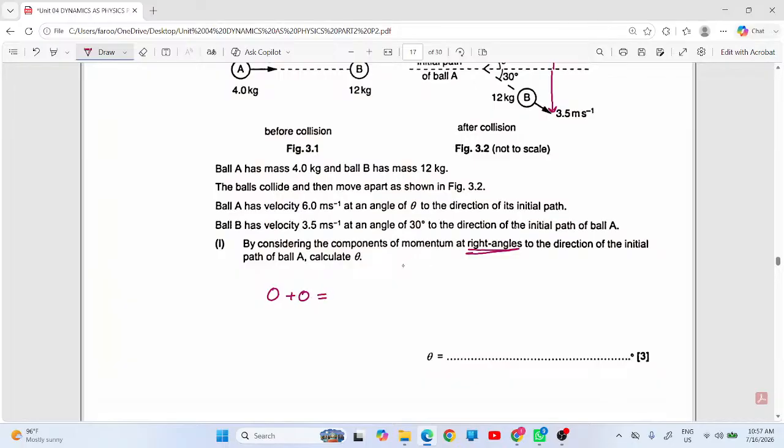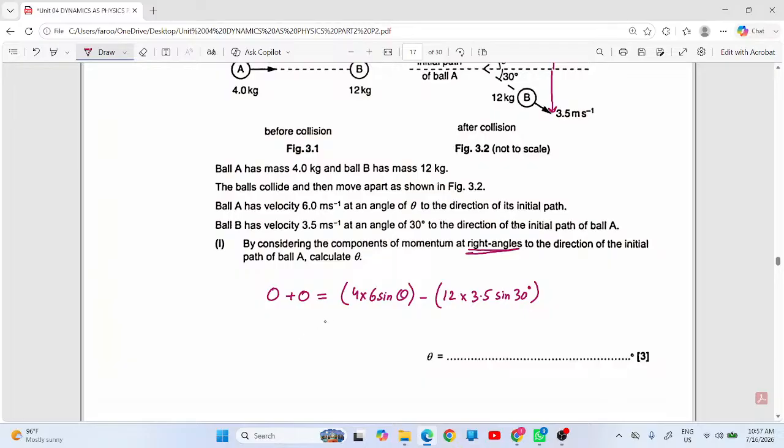After the collision, the y component of 4 is 4 multiply by 6 sin theta, minus, opposite direction. फिर यहाँ बीच में प्लस भी लगा दें. 12 multiply by 3.5, sin 30. सही ना? हाँ जी.